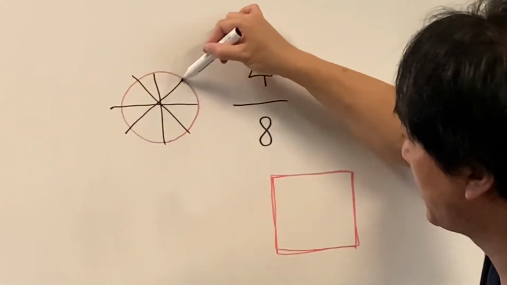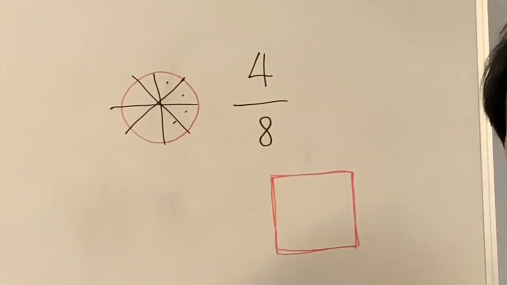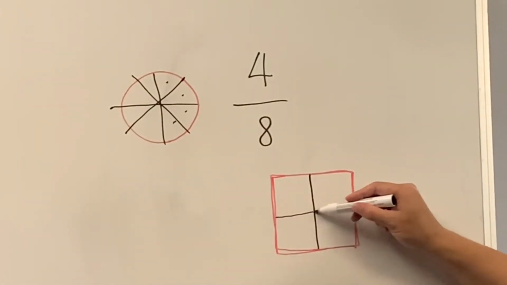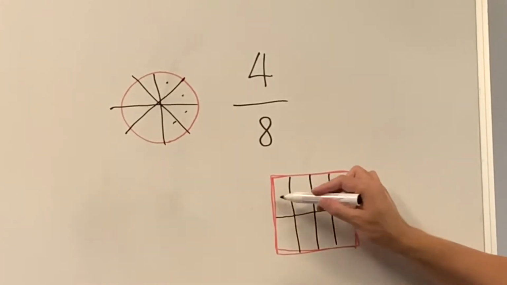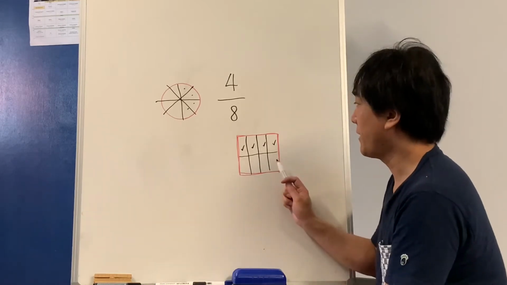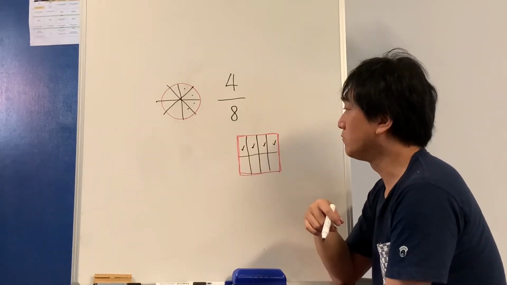Oh, they're not really equal eighths, but 1, 2, 3, 4, that's 4/8. If you did a square model, 8, 1, 2, 3, eighths. 4/8.